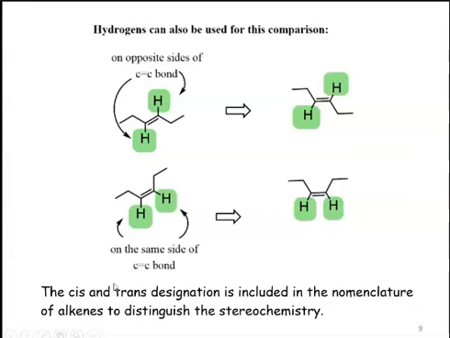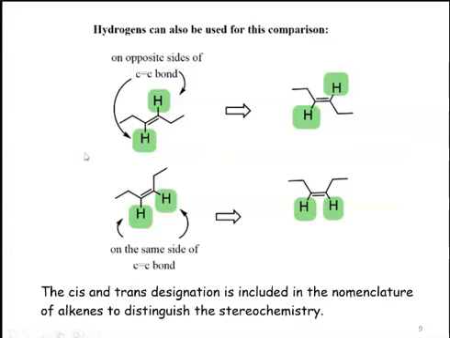So which one is called cis orientation and which one is called trans orientation? The cis and trans designations included in the nomenclature of alkenes are usually used to distinguish between cis and trans isomers.